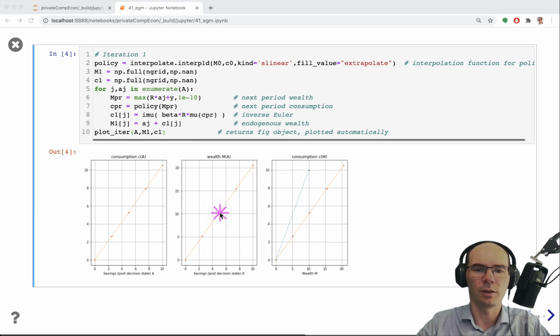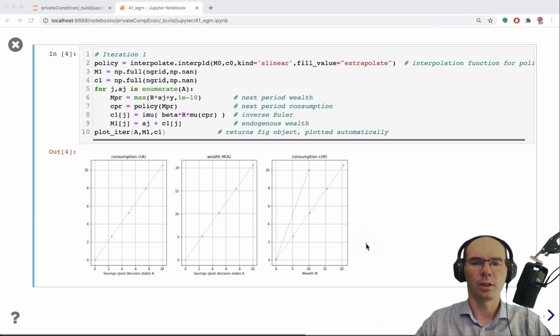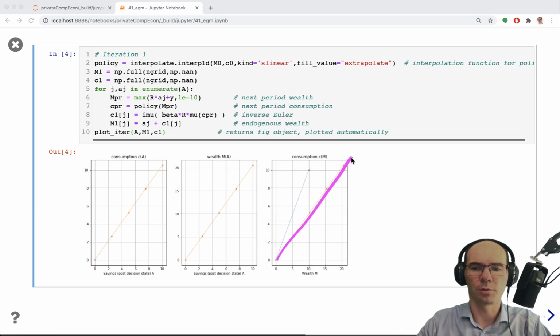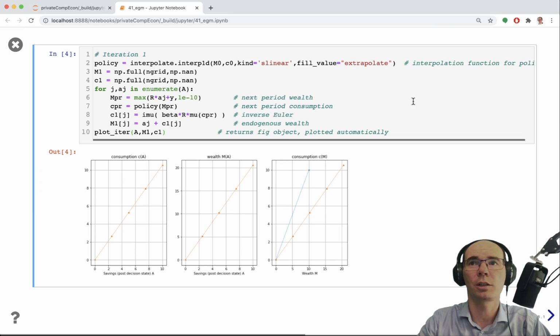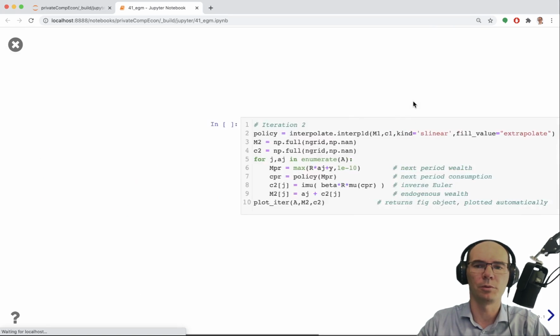And this point creates a pair and put it here. A pair, I mean, in wealth and consumption. And so wealth and consumption can be plotted on their own scale, on their own panel. And you can see that the next iteration sort of lowered this consumption plot somewhat. And that's what we actually saw in the solutions before.